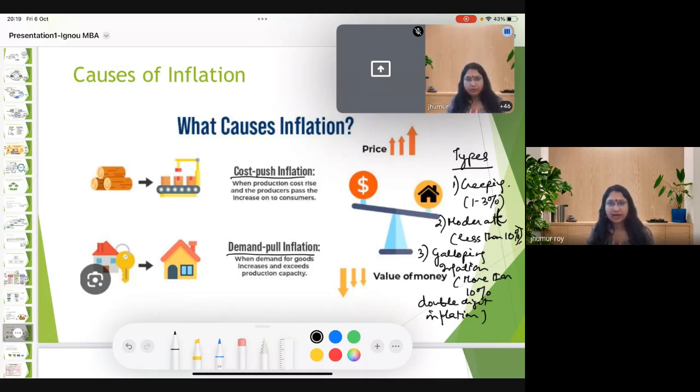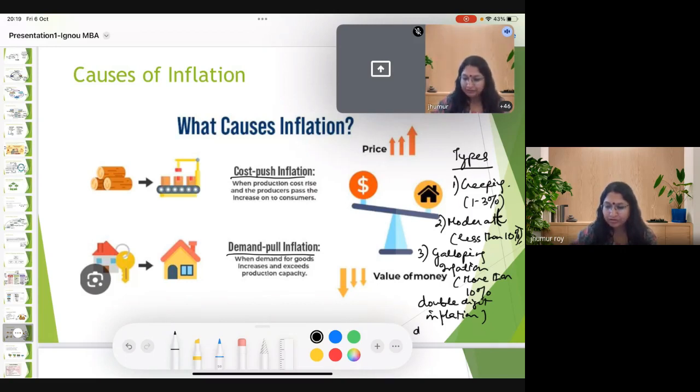So you will start getting worried. Oh God, now how do I manage my house? Everything is becoming so expensive. Even if you're earning more, you are still not able to manage because prices are increasing so much. So galloping inflation becomes a point where you start becoming scared.